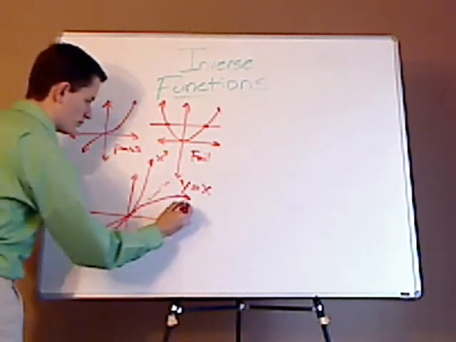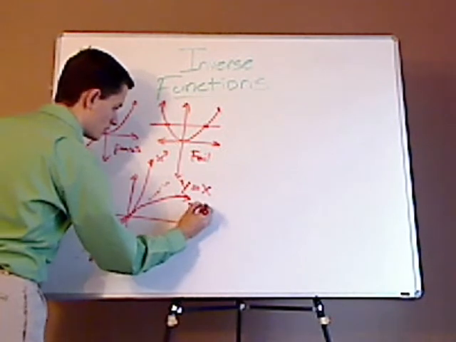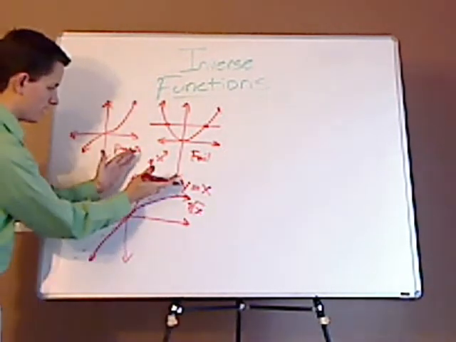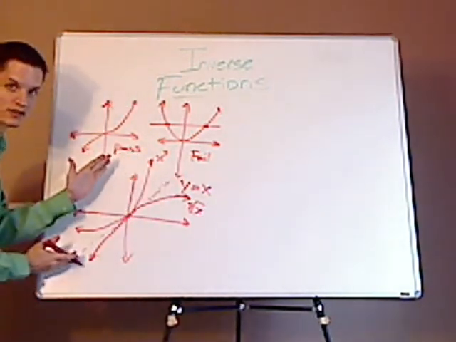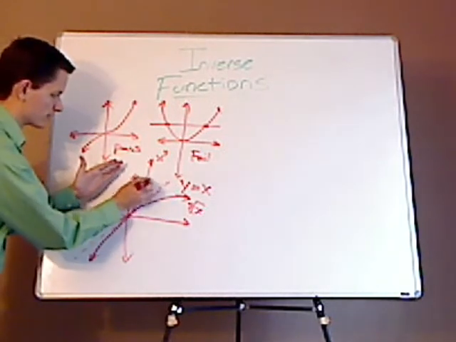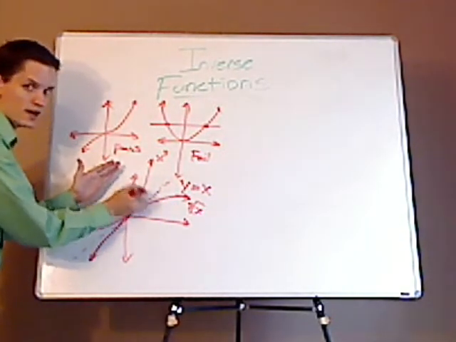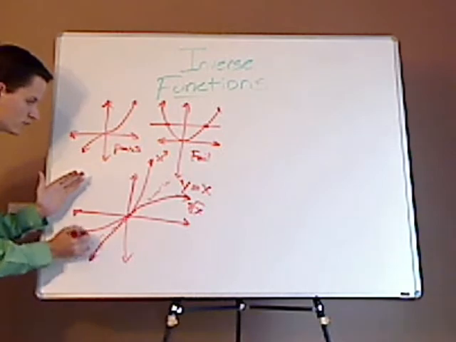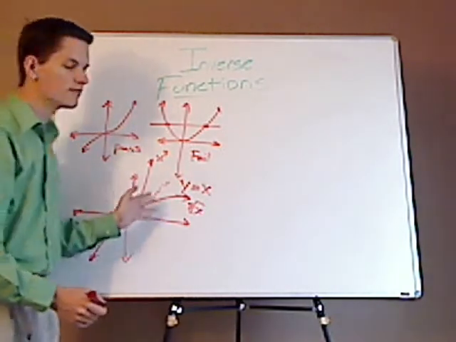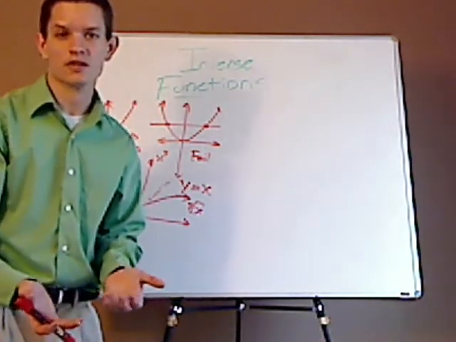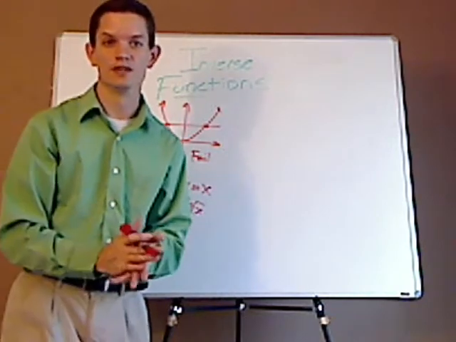Now my picture's kind of poor, but see, if I take the y equals x line, it's reflective about it. See, it's almost like a mirror image about y equals x. So therefore, they're inverses of each other. So that's how you can tell visually.